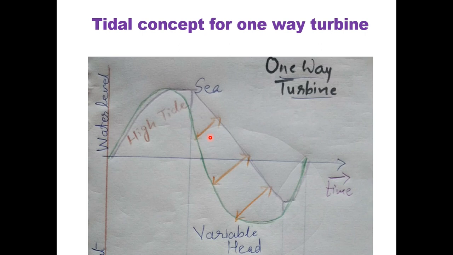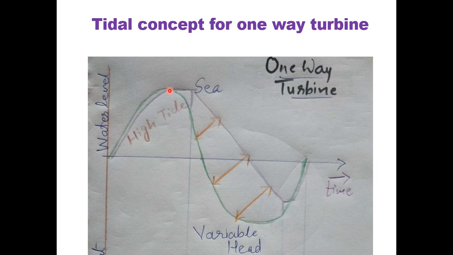So the sluice gate has to be open, and the basin water level will closely follow the sea water level. This is the sea water level. During high tide the basin water level closely follows the sea water level until it reaches its crest point, where it intersects with the water level of the sea.